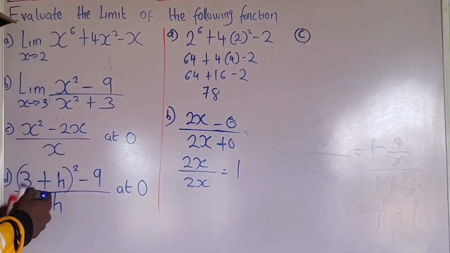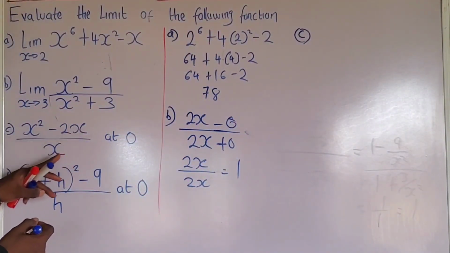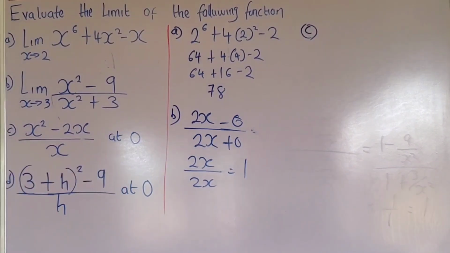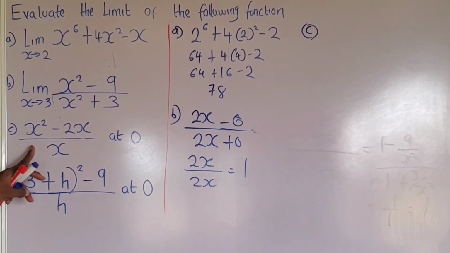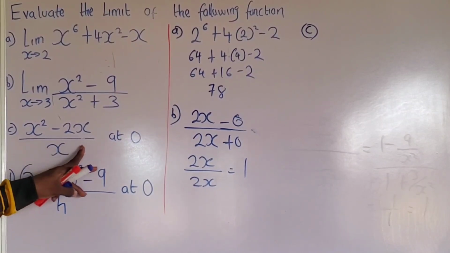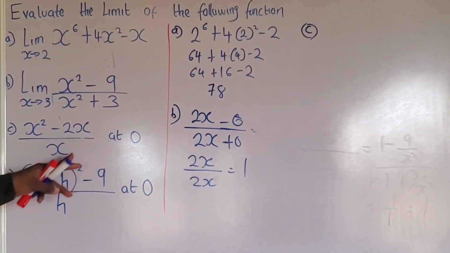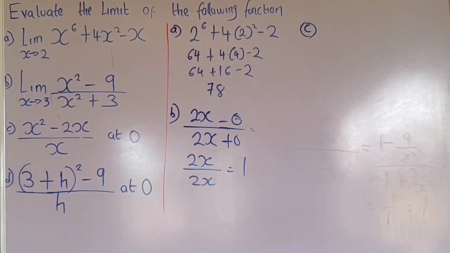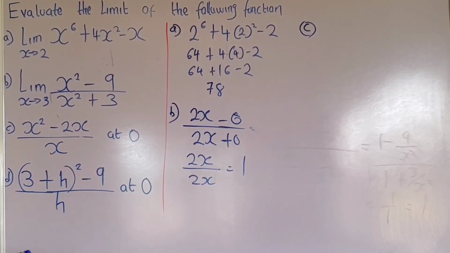Now for question C, we have x squared minus 2x all over x as x tends to 0. Now, if you use the direct substitution method, it's not going to work. The reason is because this will be 0 all over 0. You get what I'm trying to say? Now, we have to make use of L'Hospital rule, which means we are going to differentiate both the numerator and the denominator. So let us differentiate the numerator.